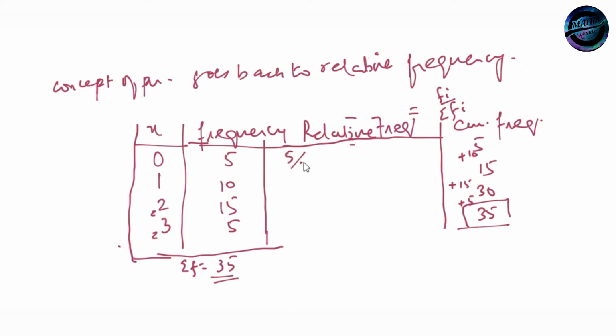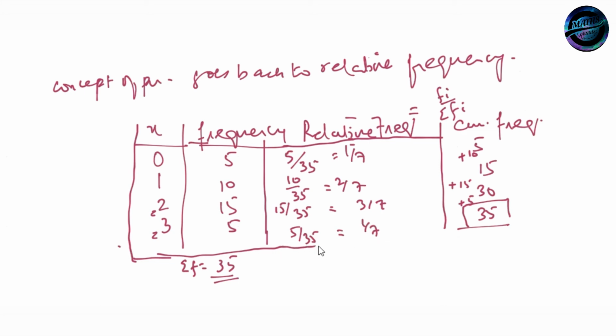It is 5 and the total is 35, so it becomes 1 over 7. Similarly, the next one is 10 over 35, and the value becomes 2 over 7. Then we have 15 over 35, which is 3 over 7. And the last one is 5 over 35, and the value is equal to 1 over 7.